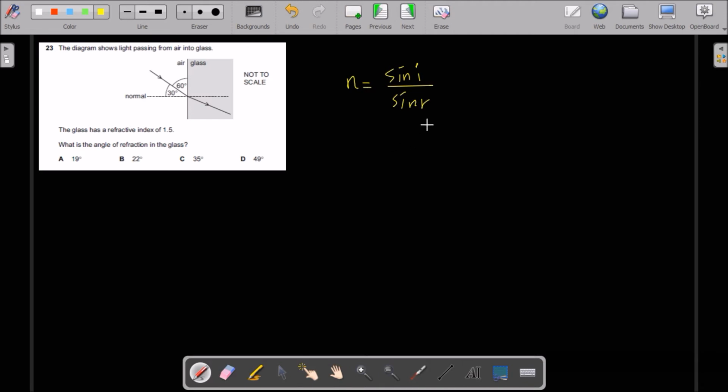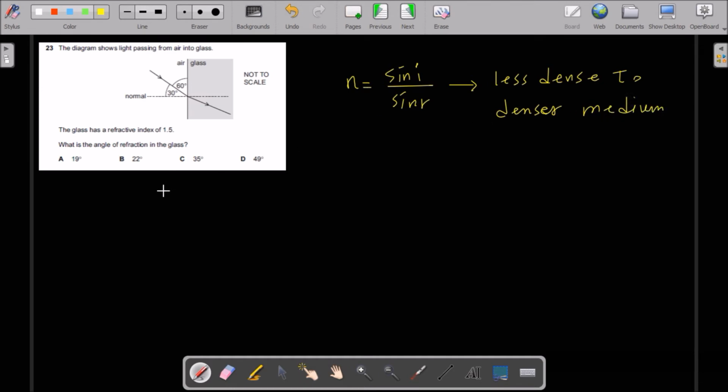This formula is true when light comes from a less dense to a denser medium. So this formula is for less dense to denser medium.